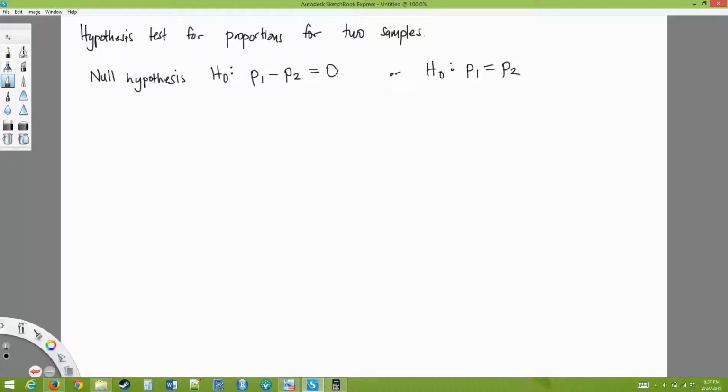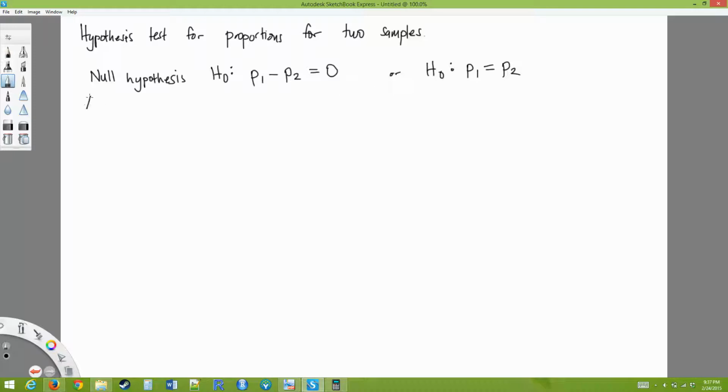Your null hypothesis will always be this or this. These 2 things are exactly the same thing, just written in different forms. Can you guys see that algebraically?